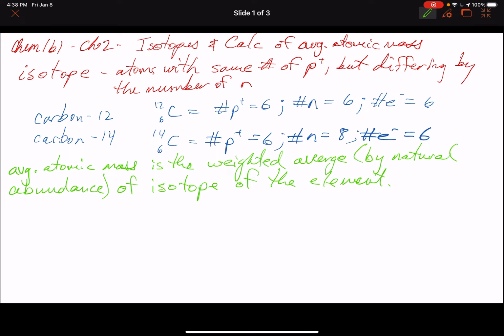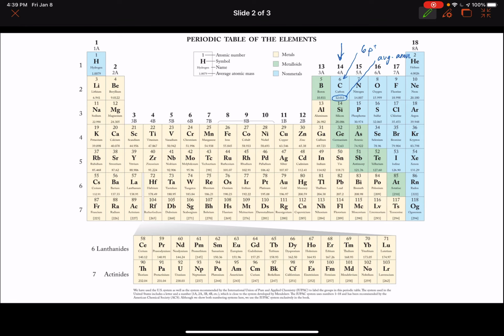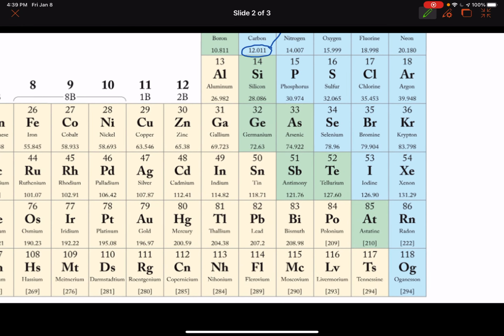So if we consider the element bromine, we'll sketch that here. Br is the symbol for bromine. Br has two major isotopes. It is the 35th element in the periodic table, so we're expecting 35 protons for the bromine atom.